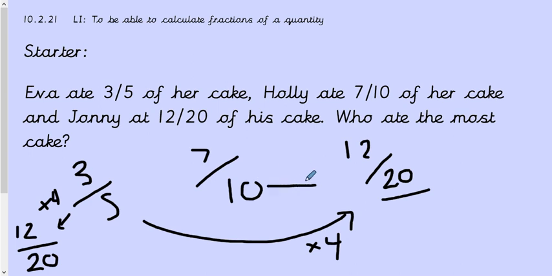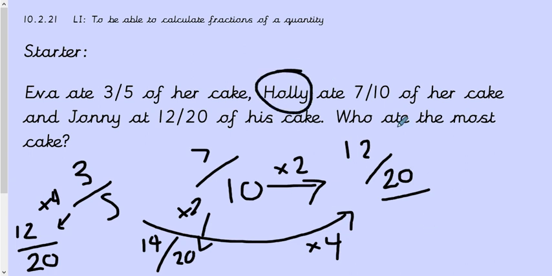So to get from 10 to 20, you times it by 2. So you need to times this whole fraction by 2. So I'll do it down here. 7 times 2 is 14, and 10 times 2 is 20. So Holly ate 14/20 of her cake. So Eva ate 12/20, Holly ate 14/20, and Johnny ate 12/20. So therefore, Holly ate the most.